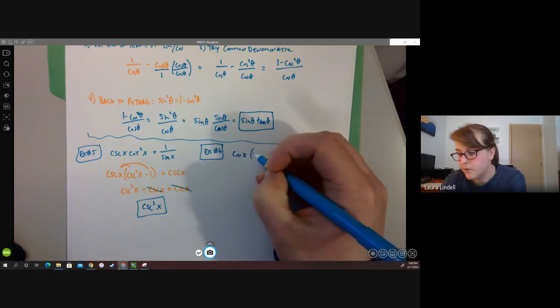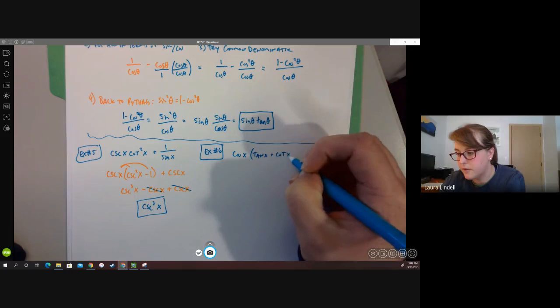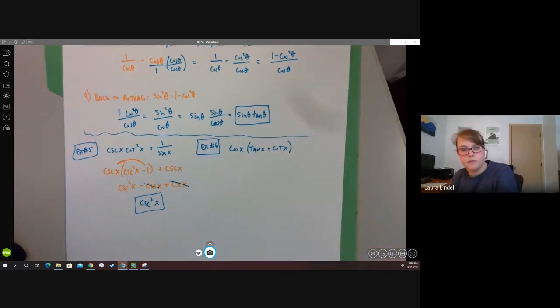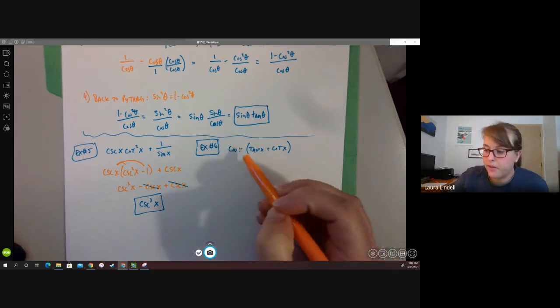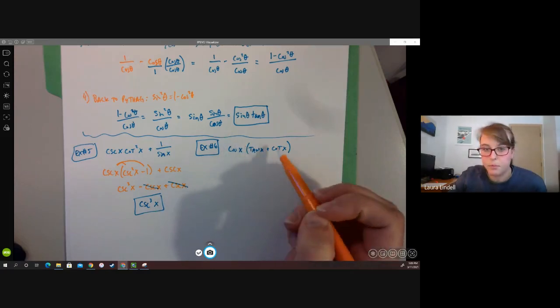Cosine times tangent plus cotangent. Simplifying this, first, I don't see any particular cause for a Pythagorean identity. There's nothing squared in here, so there's not a lot I can do with Pythagorean identities at this point.